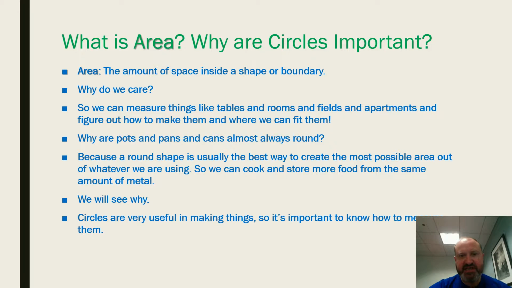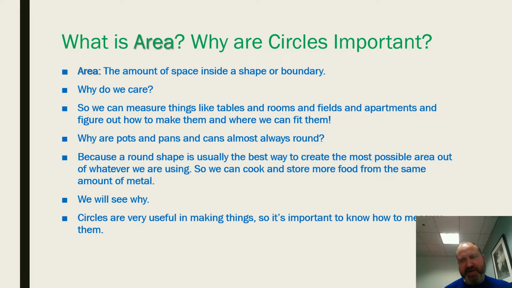Now, I'm fascinated by circles because they are such efficient ways to make area. We see them a lot. We see them in particular in the kitchen, pots and pans and cans. Why is that? Well, one of the reasons is that round shapes make the best use of material that we have to try to make something.